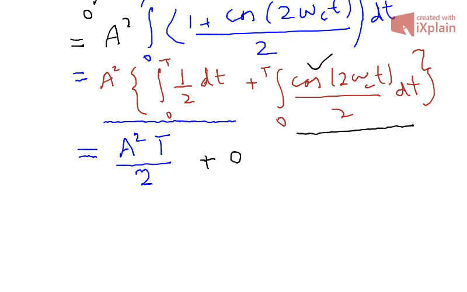So this integral will give you 0. So the energy of your signal is A squared T over 2 for the ith signal. It is for every signal, this is the same energy.